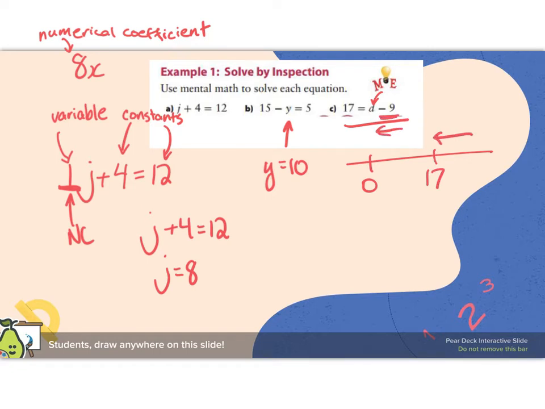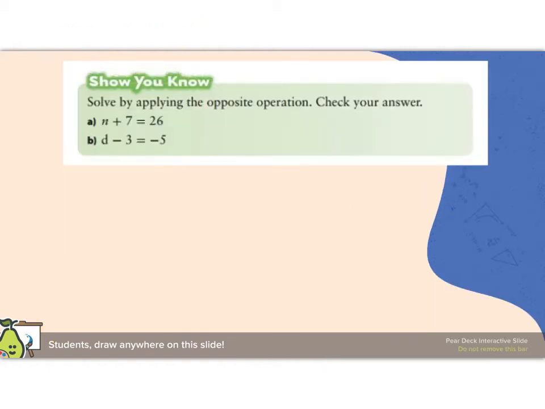So coming down 9 steps to get to 17 means that random d must be bigger than 17. So d must be equal to 17 plus 9. D is actually 26.